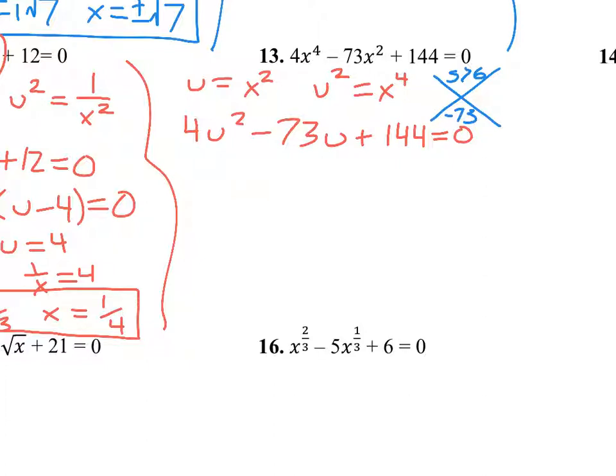It has to be two negatives because if the top is positive, then it's either two positives or two negatives, but the bottom being negative means it's two negatives. So I'm looking for two numbers that add up to negative 73 but multiply to 576.